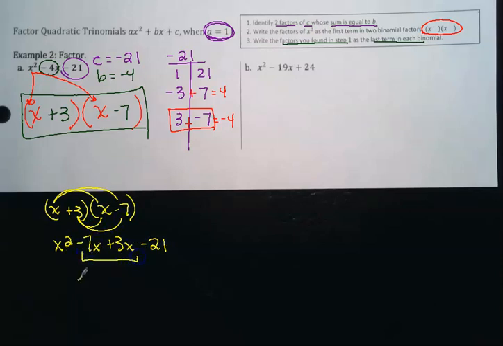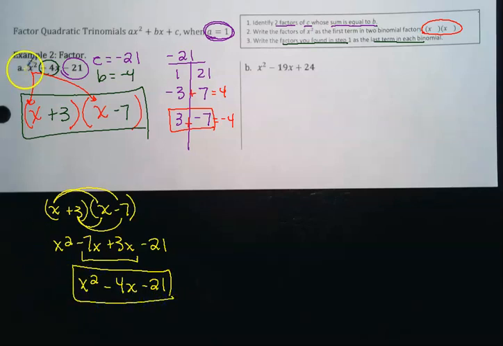Combine like terms: negative 7 plus 3 is negative 4x, so x squared minus 4x minus 21. We got back to what we started with, so we know this is correct. That's how you can check it, because multiplying polynomials and factoring are opposite, or inverse, operations.